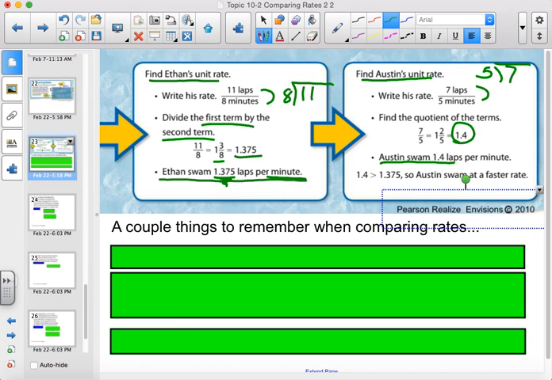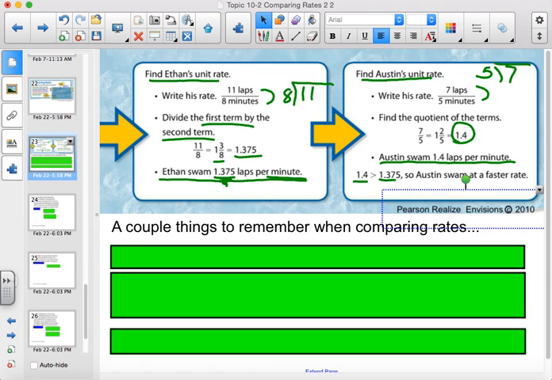So Austin swam 1 4/10 laps per minute. Well, 1 4/10 laps is a farther distance per minute than 1.375 of a lap. So you can kind of see how the math works out. What you want to remember is to make unit rates first.